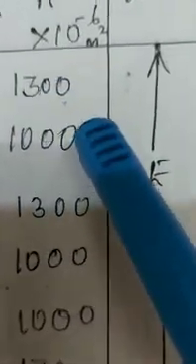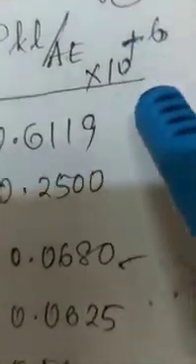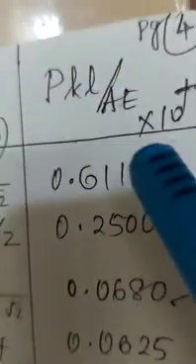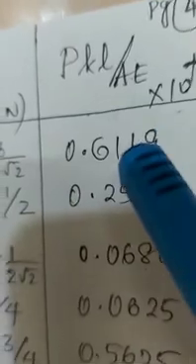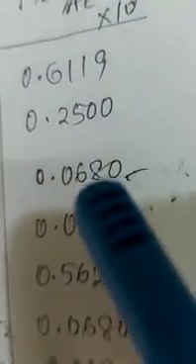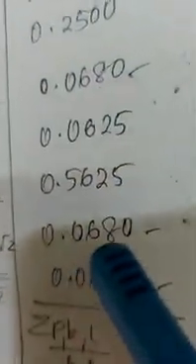When 10 power minus 6 is taken to the numerator, it becomes 10 power 6, which is common for all. So the last column gives PKL by AE for every member. Of course, those have to be divided by E.